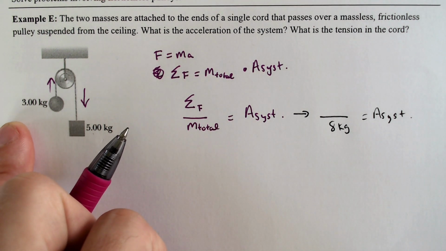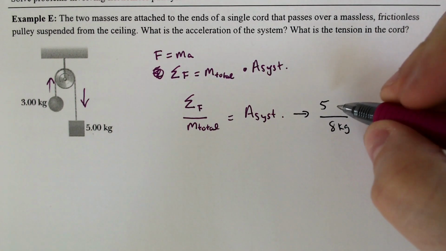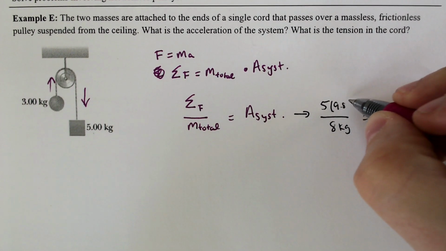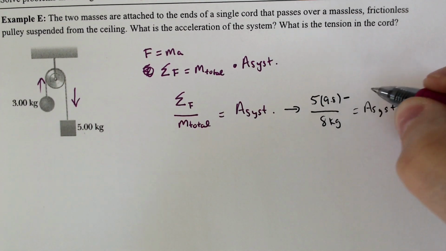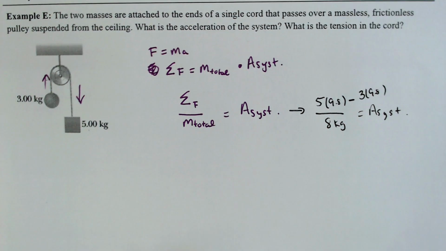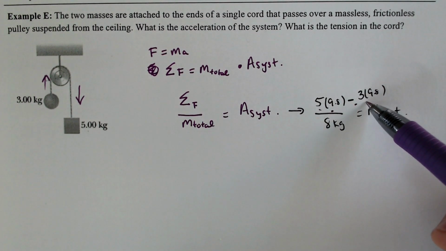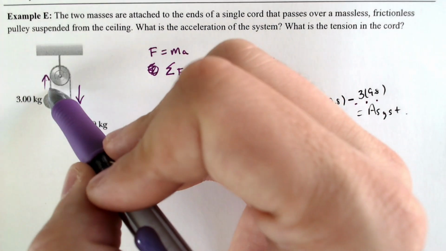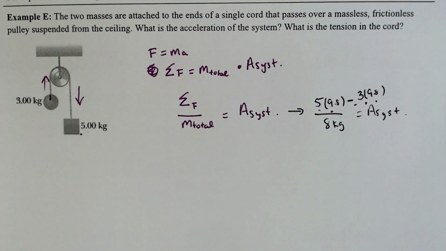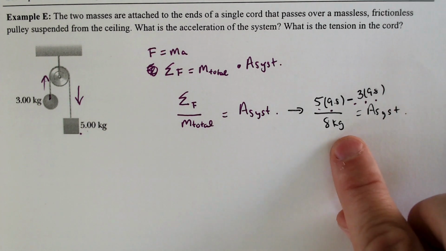It ends up losing, therefore the net force will be the 5 kilogram times gravity, but then you have to take away the 3 kilogram times gravity, because that 3 kilogram is counteracting it. So the force there will be 5 times 9.8 minus 3 times 9.8, because it is opposing the 5 kilogram one.